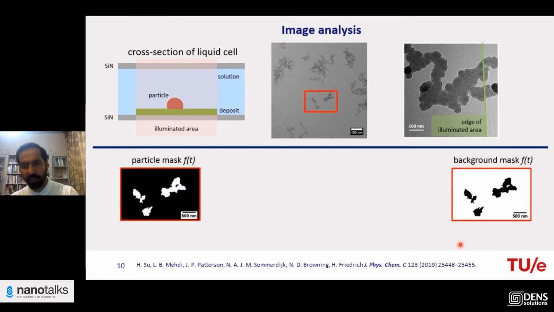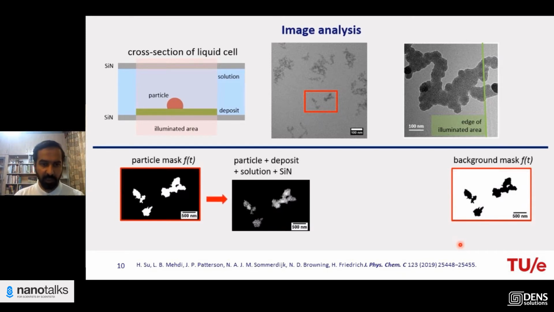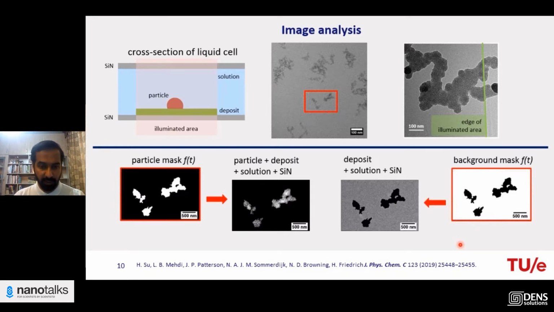Because of that, we have a background mask and a particle mask. In the particle mask, the intensity is coming from the particle, the deposit, the solution and the silicon nitride window, while in the background you don't have the particle, but you have deposit, solution, and silicon nitride.